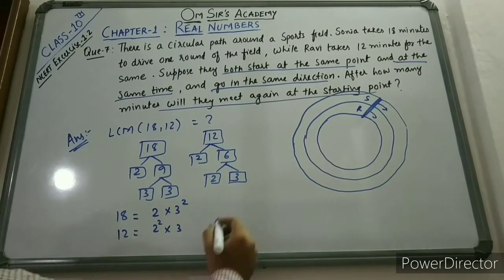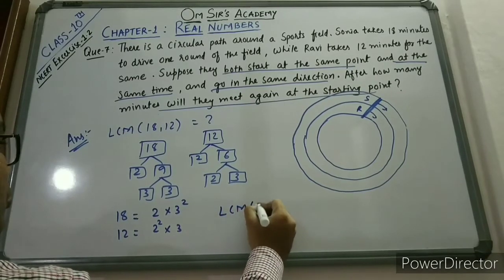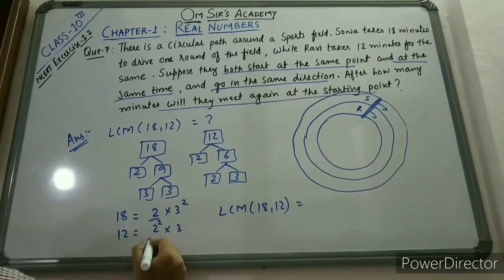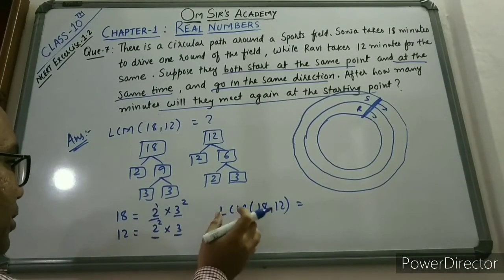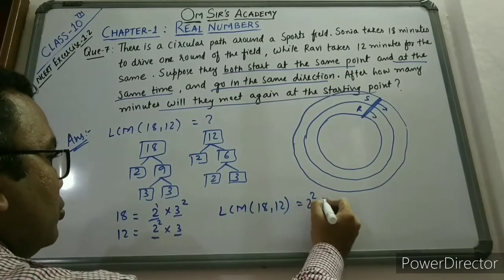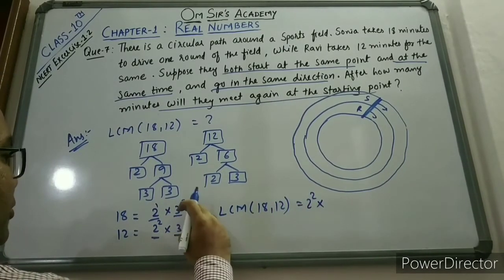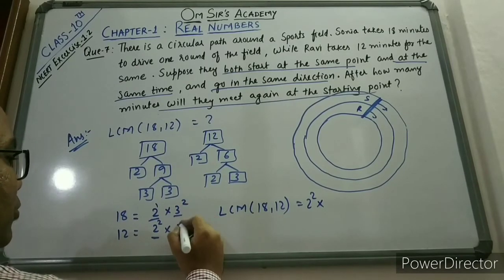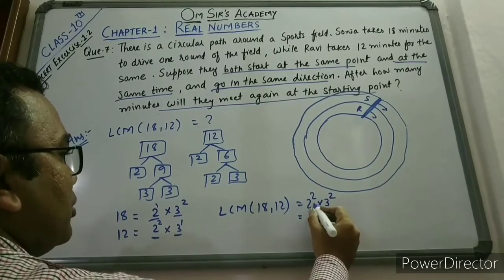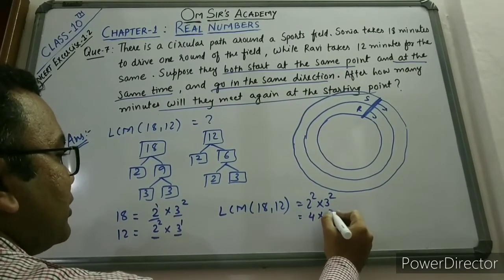So the LCM of these two, 18 and 12, will be, these are the common factors, so the common factor with the highest power in case of LCM. So what is the highest power of 2? 2 raised to 2, and in the case of 3 as a common factor, what is the highest power? 3 raised to 2. So 2 square is 4, 3 square is 9.